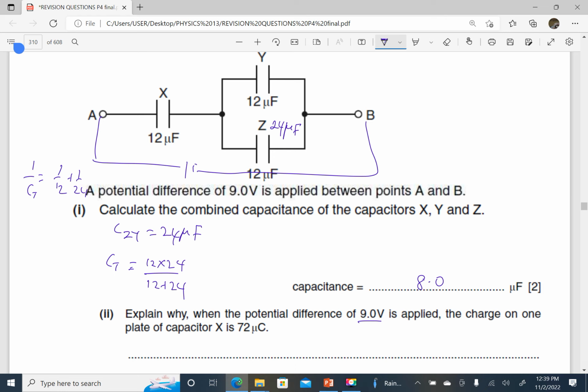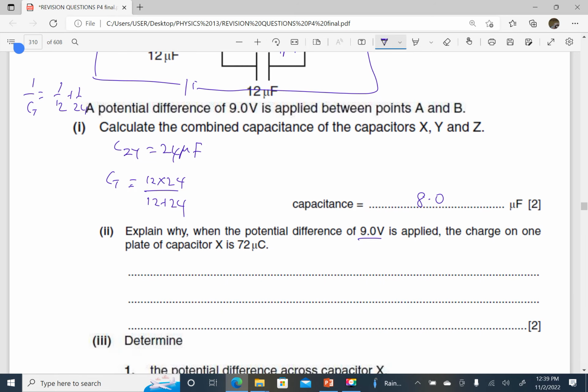That means all the charge in the circuit must appear on the plate of X. So we can say since X is in series, all the charge appears on its plate.